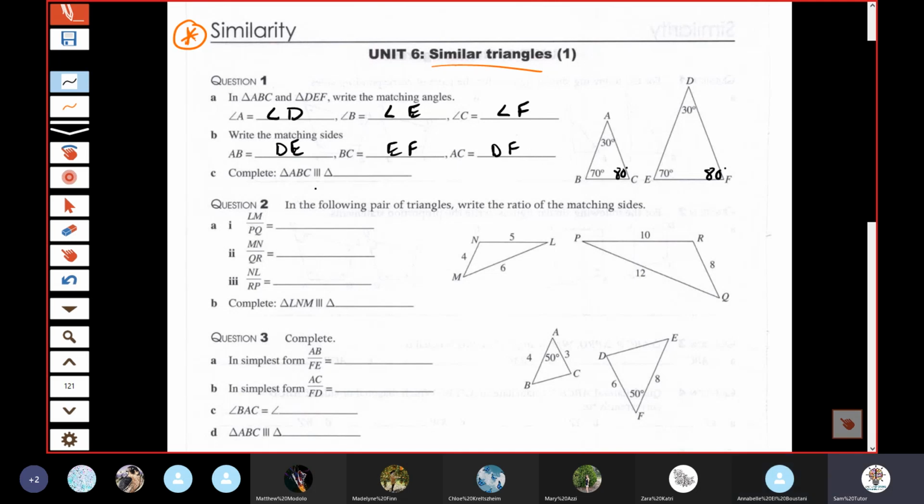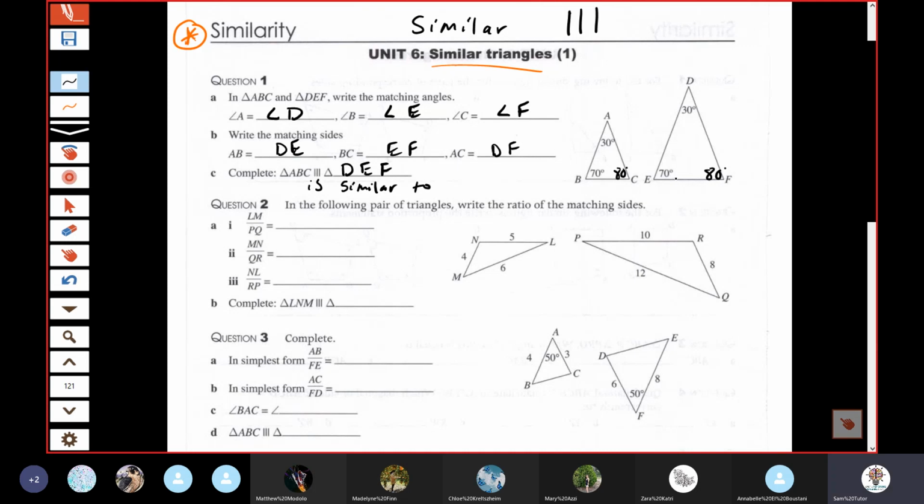All right. And then complete: triangle ABC is similar to... The way we write similar is three vertical lines. Triangle ABC is similar to triangle DEF.